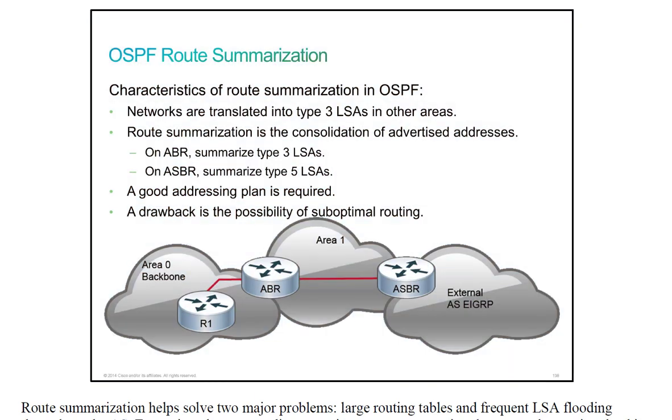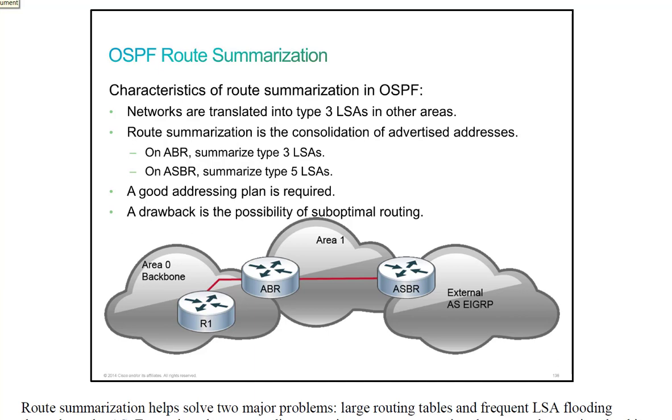So you can get suboptimal routing. You can have issues with loops getting created in the network because you've got multiple routers that are advertising the same prefix and so on. So a good addressing plan is always very important in this particular case. We summarize to an area.